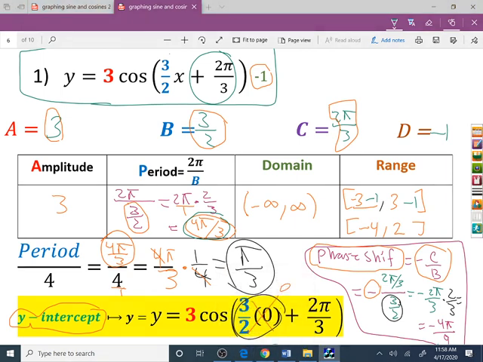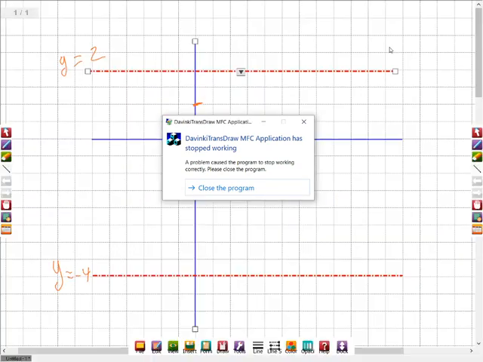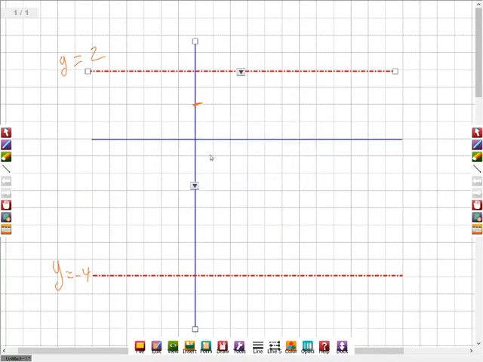Okay. We have the points, let's see the graph. We have shifting here.